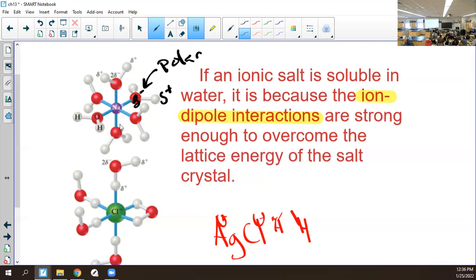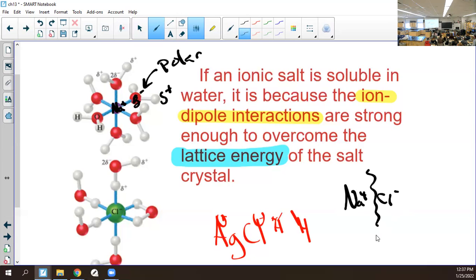Okay, so an attraction between a polar substance and an ion is an ion dipole interaction, okay? Lattice energy, you may remember, is the attraction of the Na plus to the Cl minus, right?